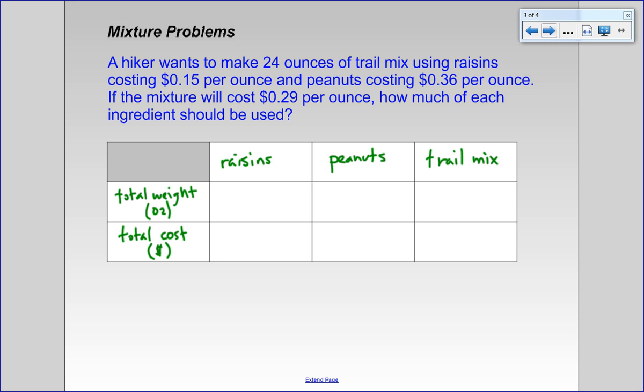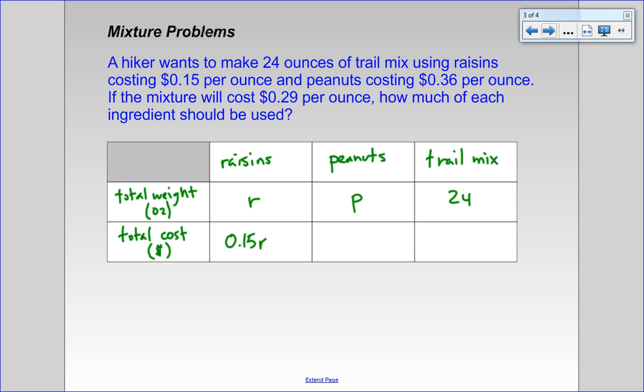To fill in the rest of the table, we can define R to represent the amount of raisins, and P to represent the amount of peanuts, and the total weight of those 2 items is 24 ounces. We have R ounces of raisins, and the cost is 15 cents per ounce.